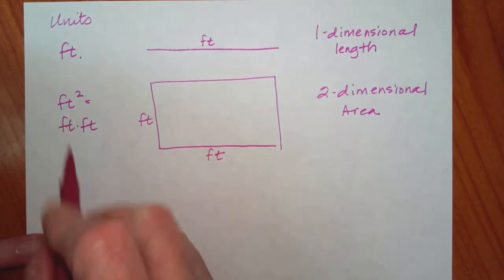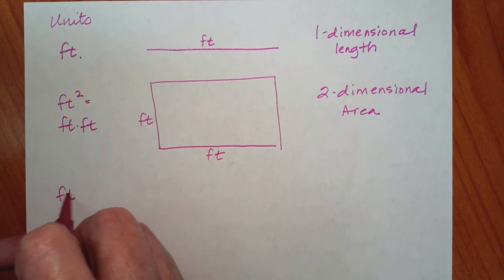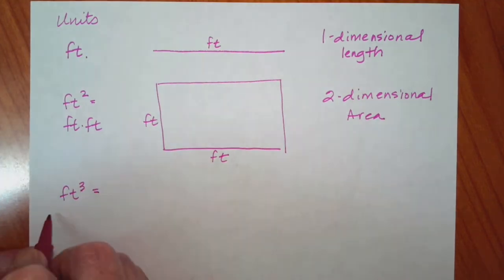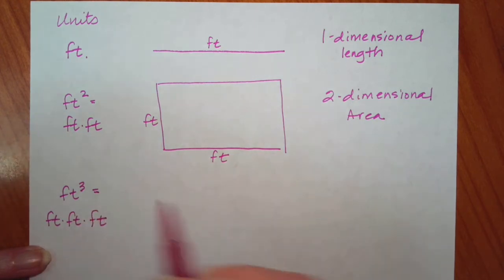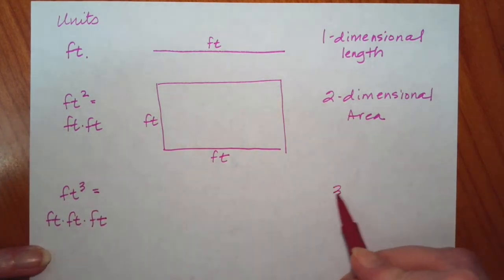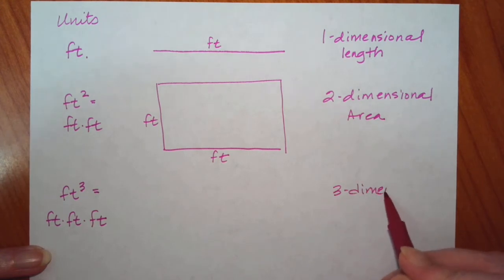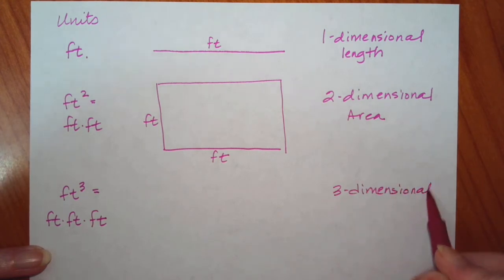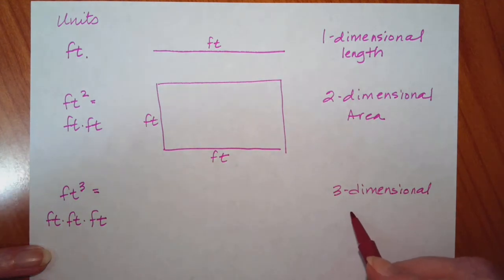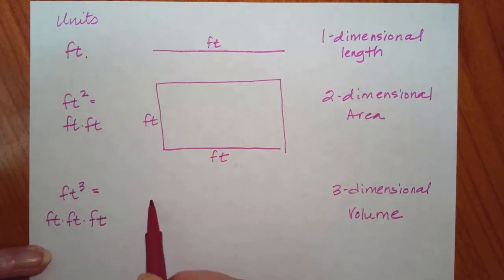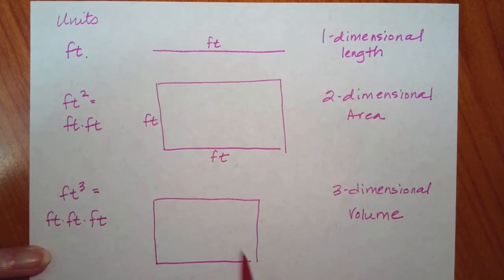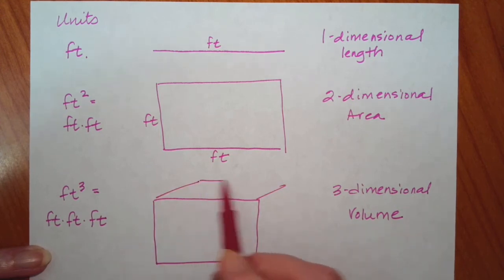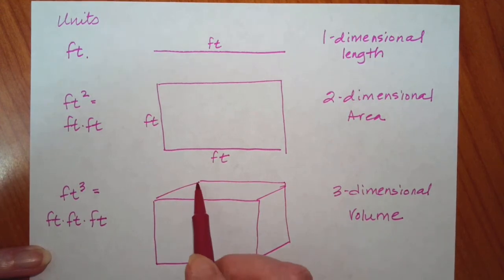If I am dealing with feet cubed, then that is feet times feet times feet, which is going to be three-dimensional. And that is going to give me volume. So if I do that, and I'm not very good at drawing this kind of stuff, but I'll give it my best shot.